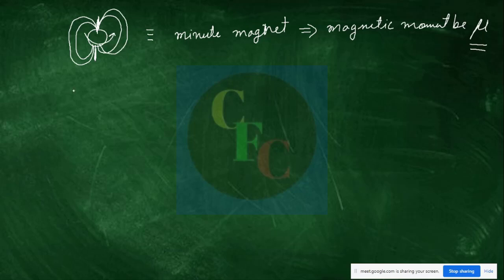Now suppose these magnetic nuclei are placed in an external magnetic field, a uniform magnetic field, a very strong external magnetic field, right? Suppose we denote it as H0.